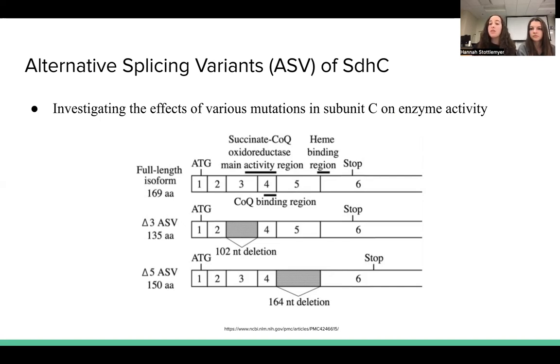It's called a frame shift mutation. So the amino acid doesn't stop where the other stop codon was located. There are 70 more nucleotides that are read past that point until it reaches its stop codon. Additionally, it's important to note especially that the heme binding region is lost with this delta 5 ASV, which means that there will be electrons left in the inner membrane space.